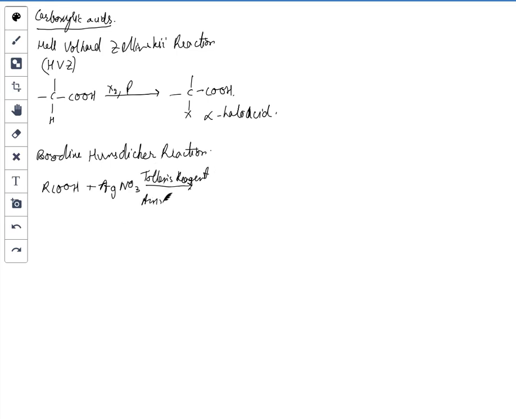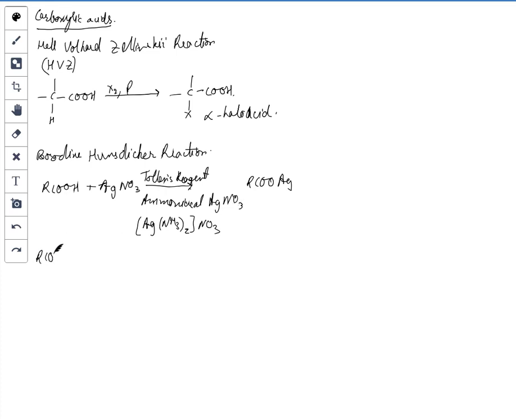This is ammoniacal silver nitrate solution. By the formula, we can write it as Ag(NH3)2 NO3. This is what we have as ammoniacal silver nitrate solution. It's a complex. Now when it reacts with our carboxylic acid, it gives us RCOOAg. Clear?